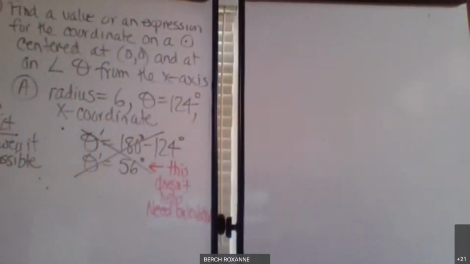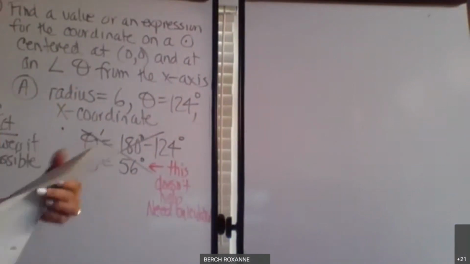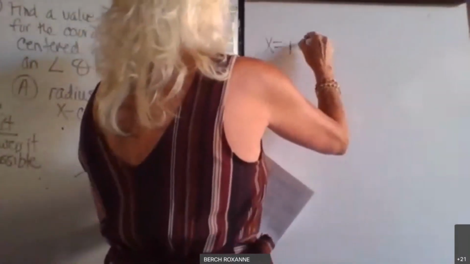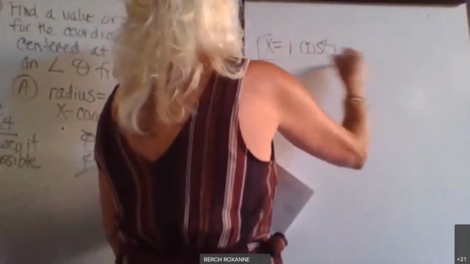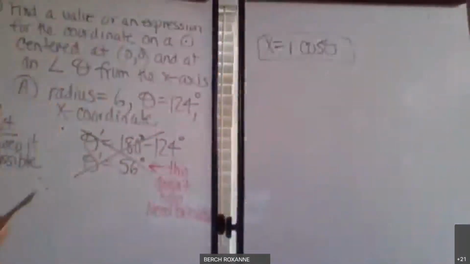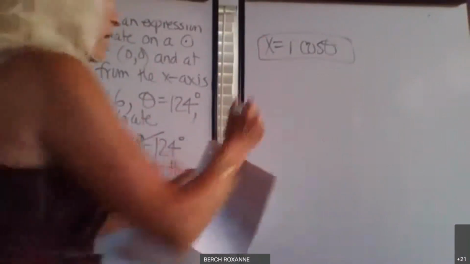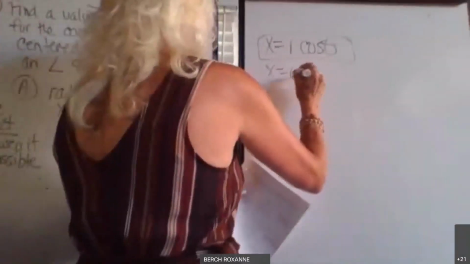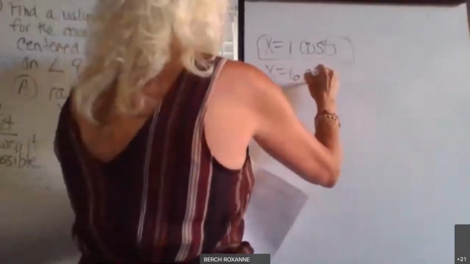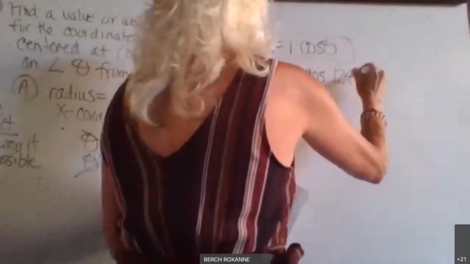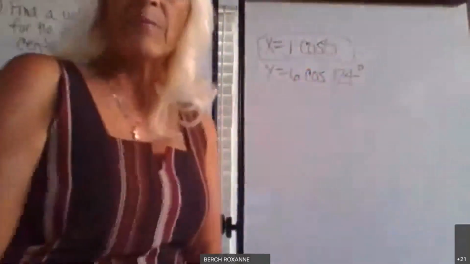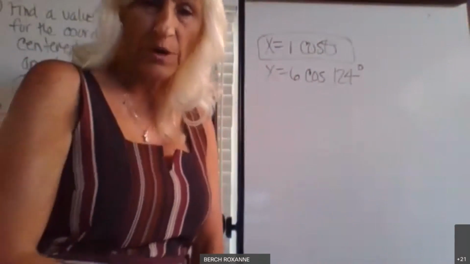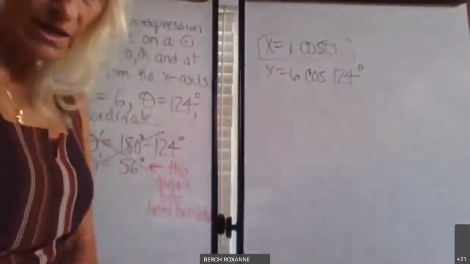All right, so that didn't help. So what do we do now? Well, we know we want to find x, and x is defined as r cosine of theta. So all we do is we take 6 and we take cosine of 124 degrees. And it doesn't matter that it's not a reference angle because we're going to use a calculator.